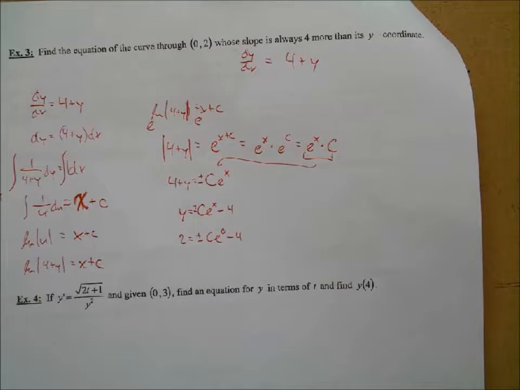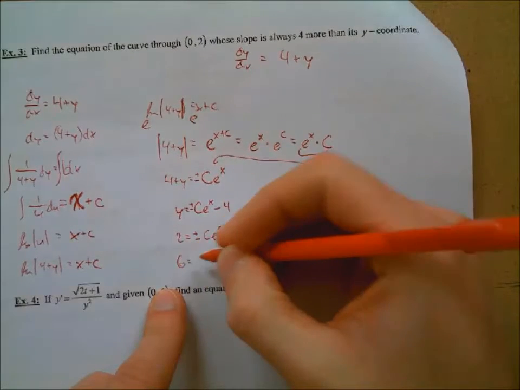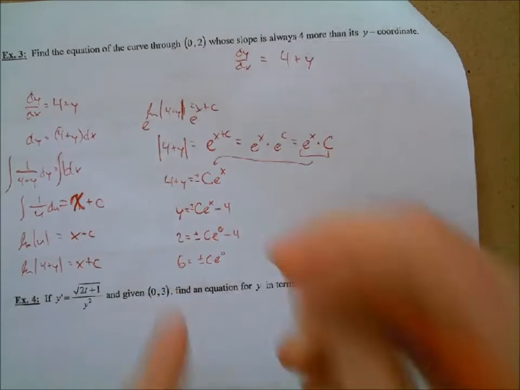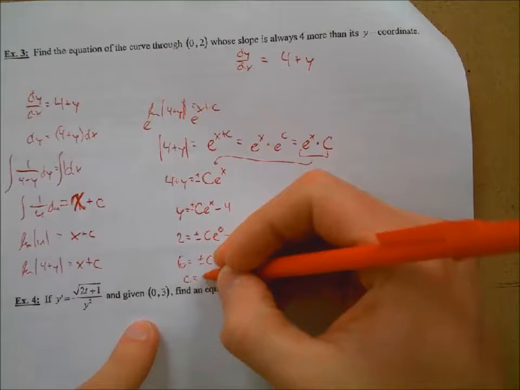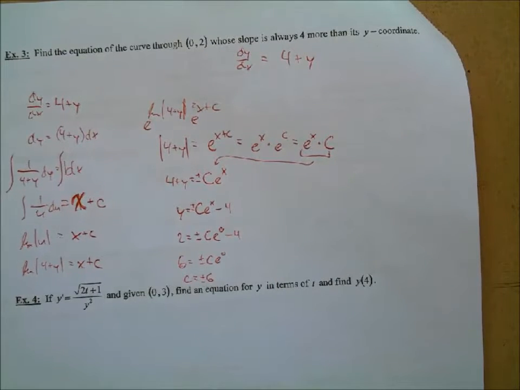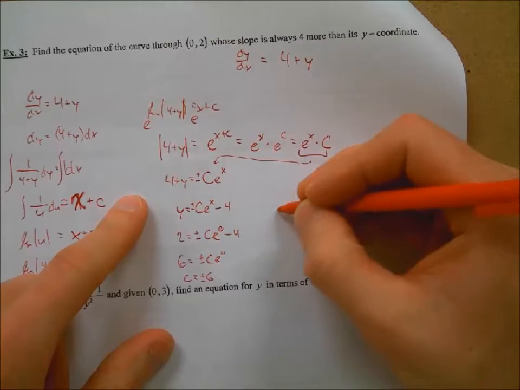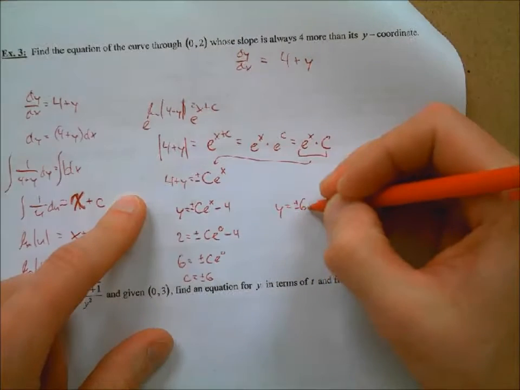We'll add the 4 over. We get 6 equals plus or minus c e to the 0. e to the 0 we know is just 1. And so c is equal to plus or minus 6. And so we get y equals plus or minus 6 e to the x minus 4.